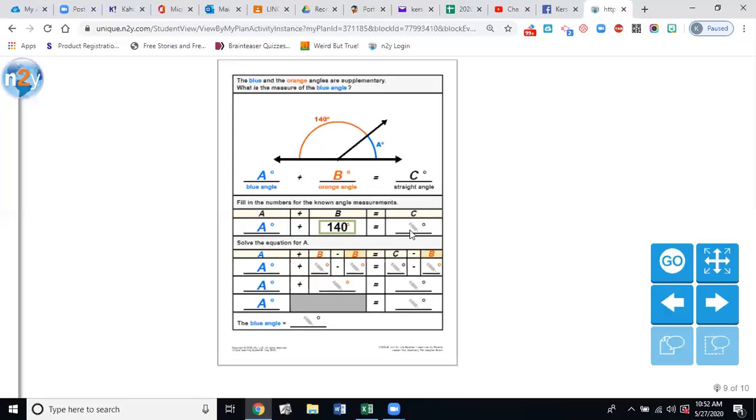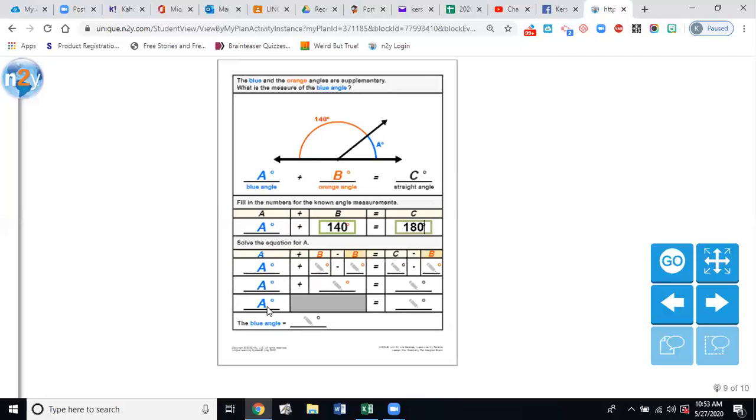C, we don't know yet, actually, 180. That's what it wants. Okay, so C, we know that it's going to equal 180 because this is supplementary.